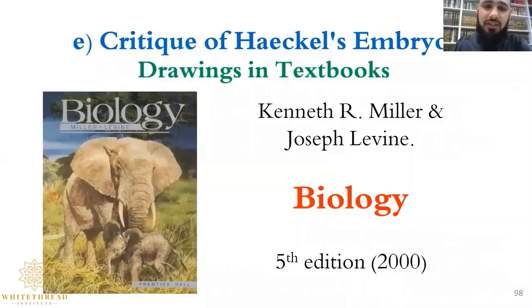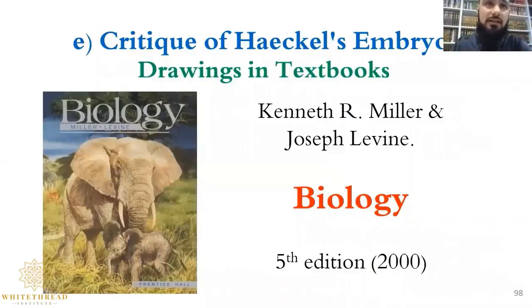Levine, I don't know much about him, but he's quite a popular author of textbooks and publications. But Miller is quite well known amongst the intelligent design people. He debates with the intelligent design movement regarding the identity of intelligent design and things like that.